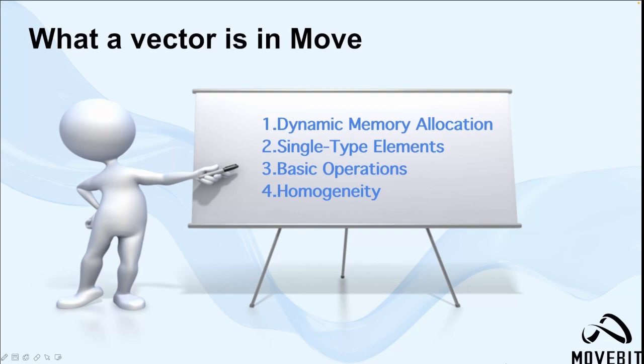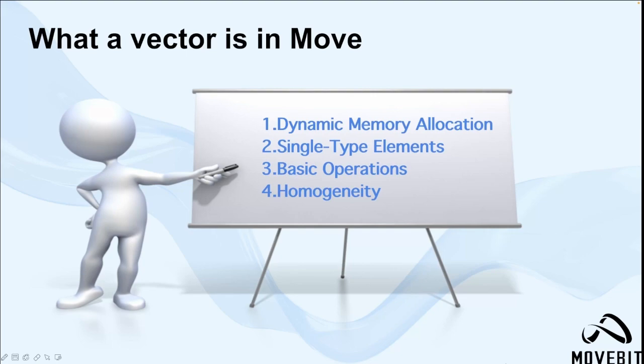And then followed by the basic operations. Vectors support several operations, such as creating a new vector, adding an element to the end of the vector, removing an element from the end of the vector, and getting the size of the vector. And lastly, homogeneity.